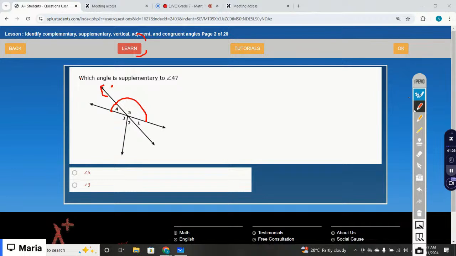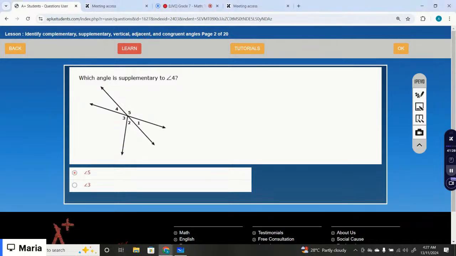Got it? So the correct option is angle 5.